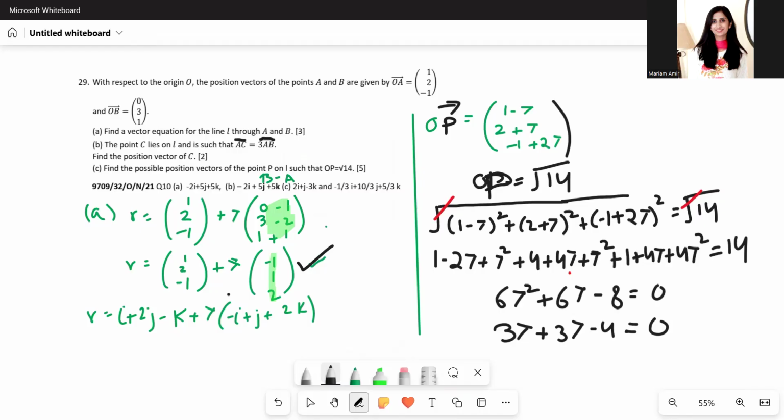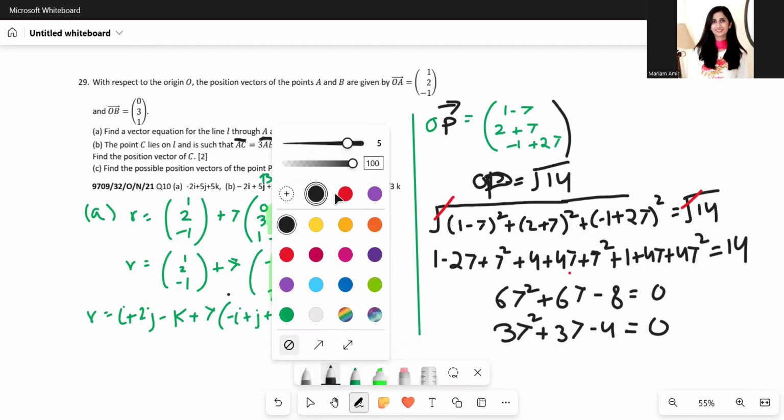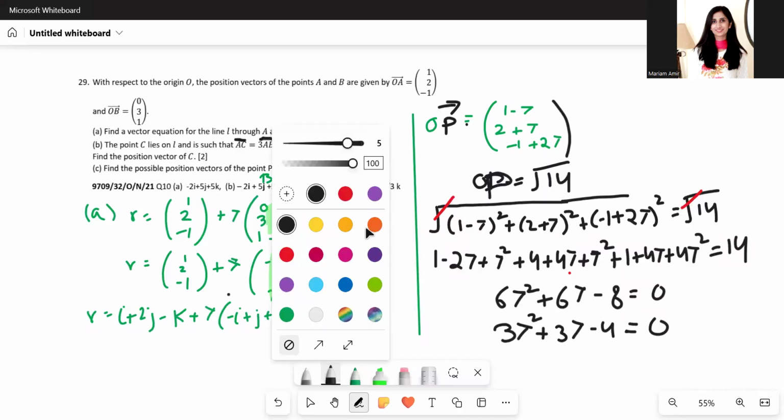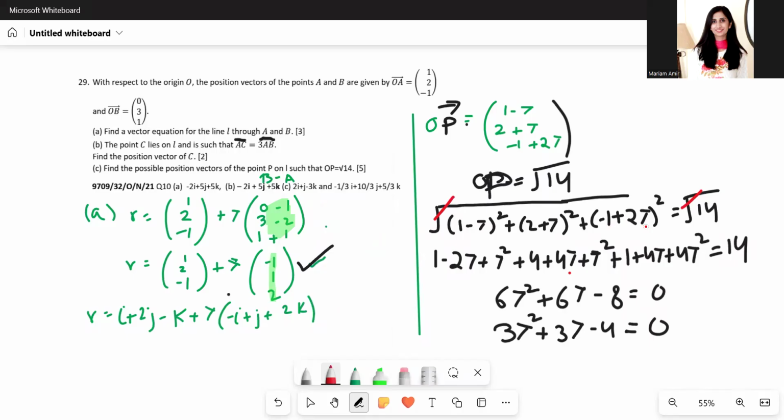Okay, there seems to be a mistake here. Let me just try to find it, because it should have been 3 lambda square minus lambda minus 4. So let me see what went wrong. There's a blunder here. This was supposed to be a square minus 2ab plus b square, so I miswrote this as a plus. Hence, my answer was not correct.